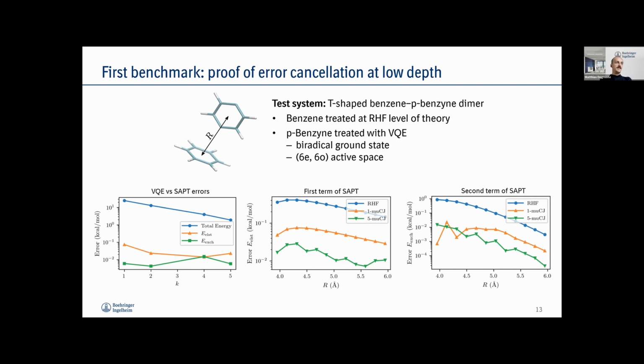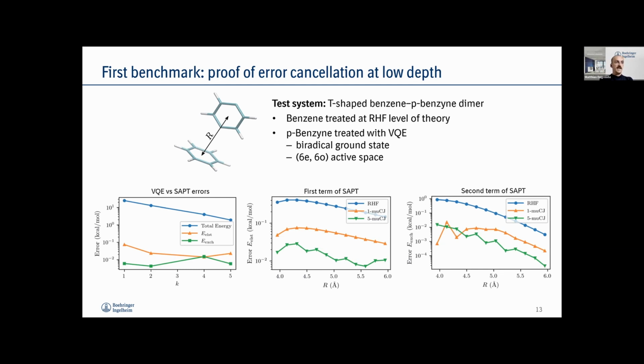So if we then look at these terms separately, so that's the second and the third plot, you see that this behavior also persists along the whole reaction coordinate. So here we see the terms when you elongate this distance between the benzene and p-benzene.